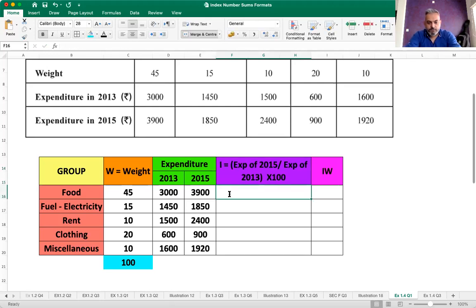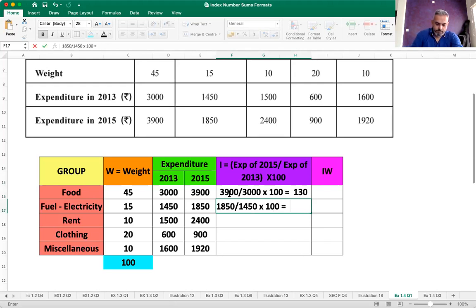So the expense of 2015 is 3,900 divided by 3,000 into 100, equal to 130. 1850 divided by 1450 into 100 is 127.59.